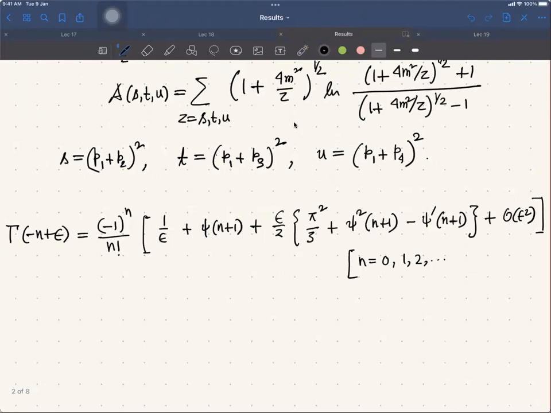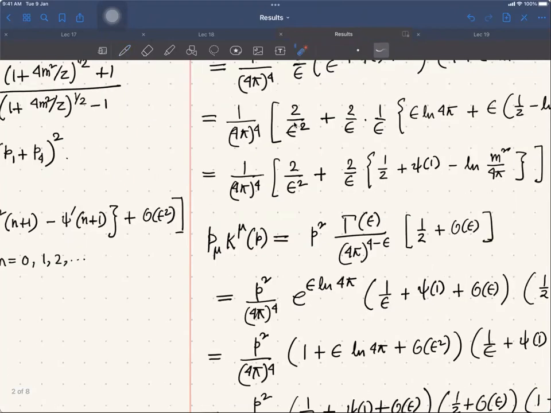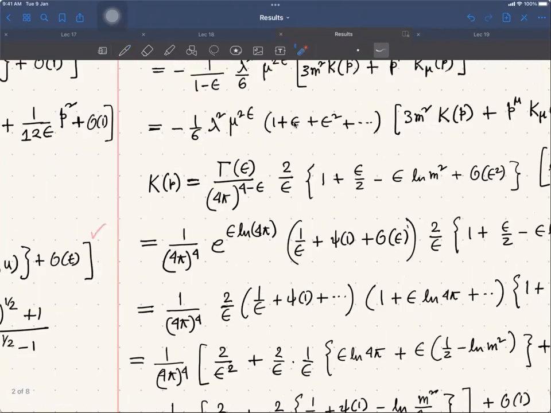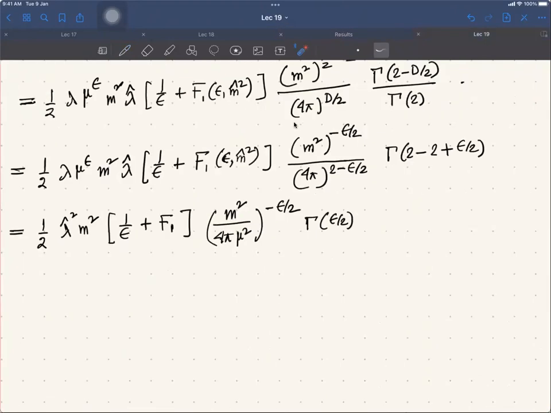Gamma(epsilon by 2) will be n equal to 0 for this. Substitute n equal to 0 here, so 1 over epsilon plus psi 1. Since it is epsilon by 2, it will be 2 over epsilon plus psi 1 plus order epsilon.